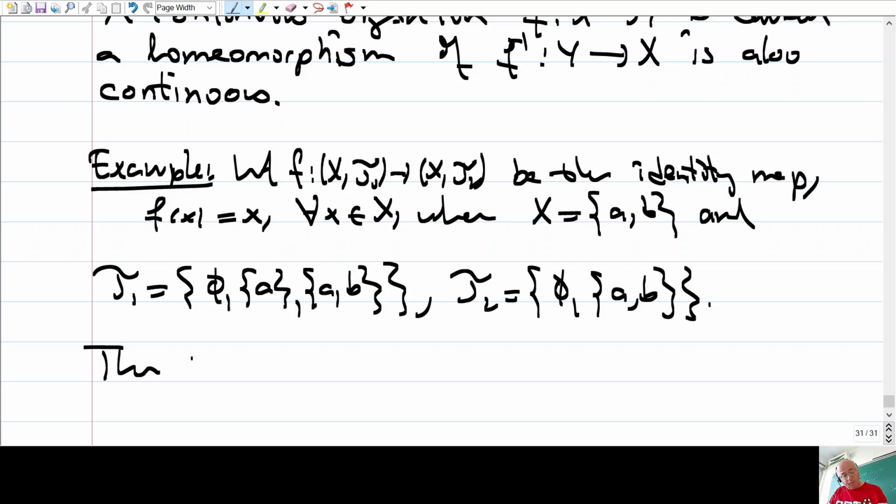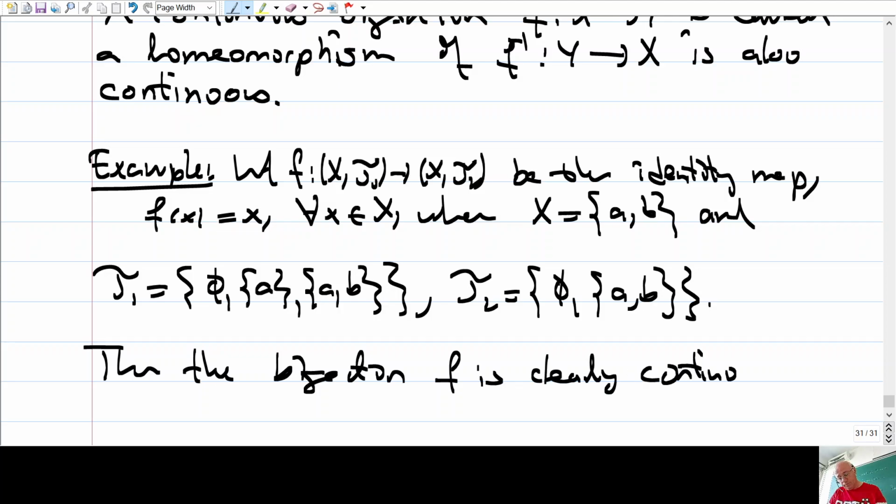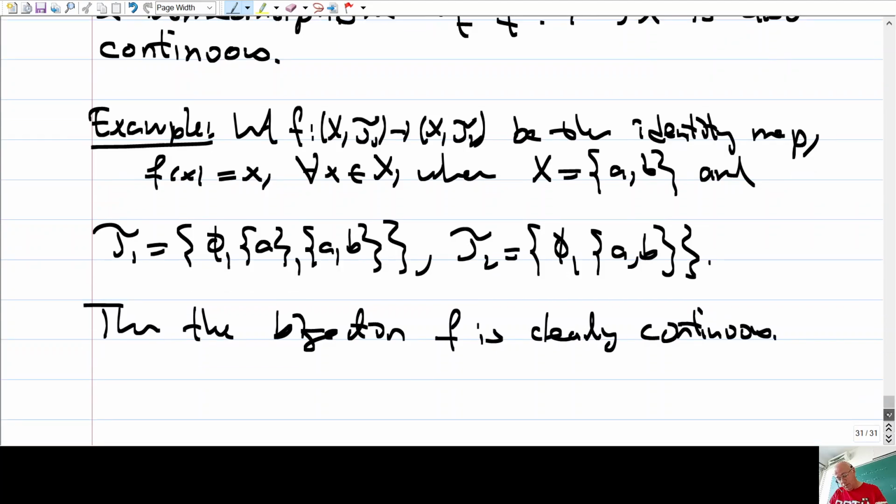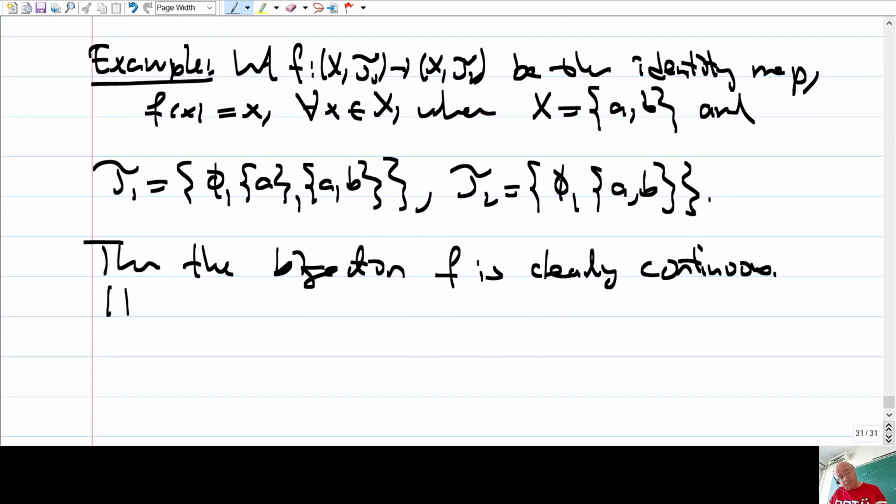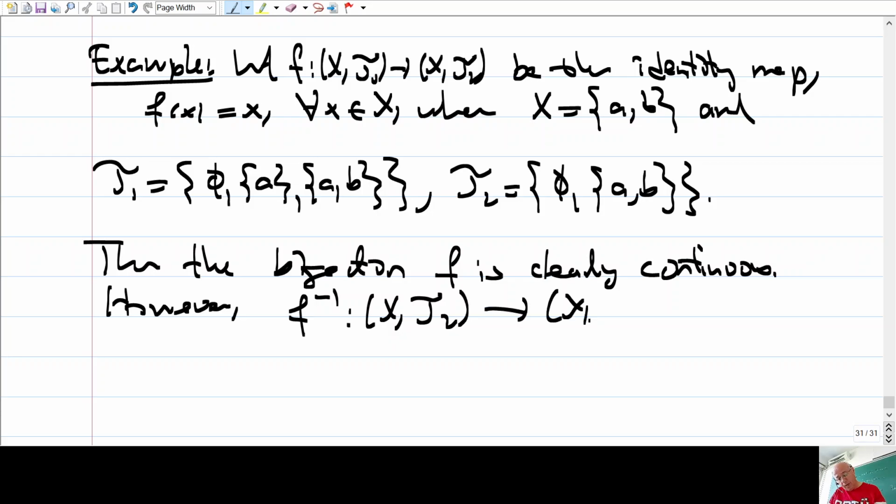Then the bijection f is clearly continuous. However, f inverse from (X, tau 2) to (X, tau 1) is not continuous.